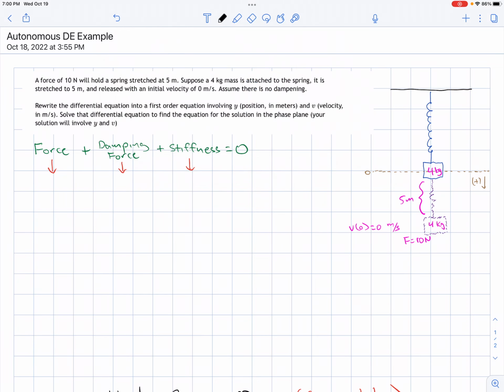You may remember force is mass times acceleration, which is just the second derivative of position, which we're going to call y, the position, plus the damping force, which is some constant times the velocity, which again we know is 0, but I just want to write the equation, plus the stiffness, which involves the spring constant times the position, and then that will equal 0.